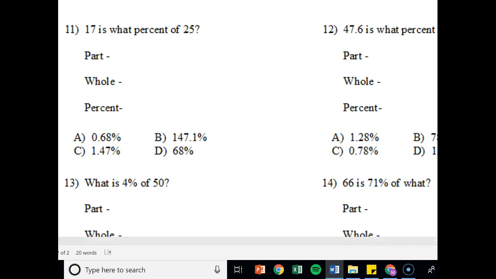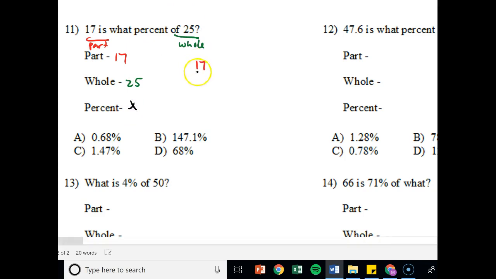Number 11, 17 is, so that's your part, the word is, right? So write part, 17 of 25, so that's obviously your whole, again the keyword of, and then you're just trying to figure out your percent. So we've got 17 over 25 is equal to x over 100.